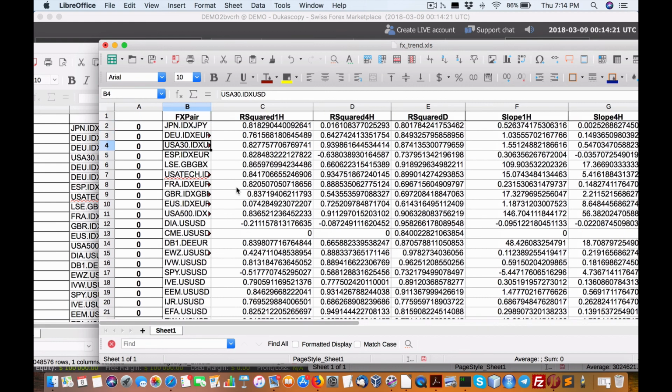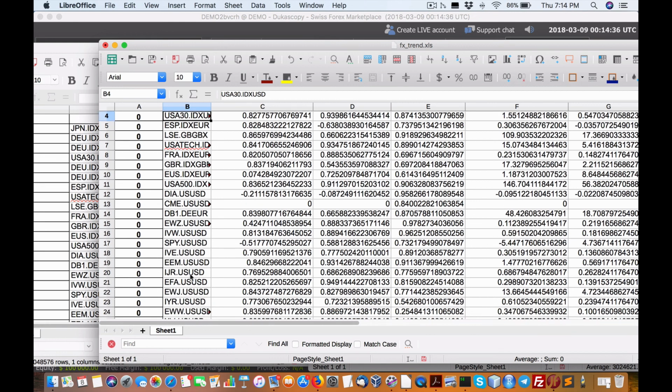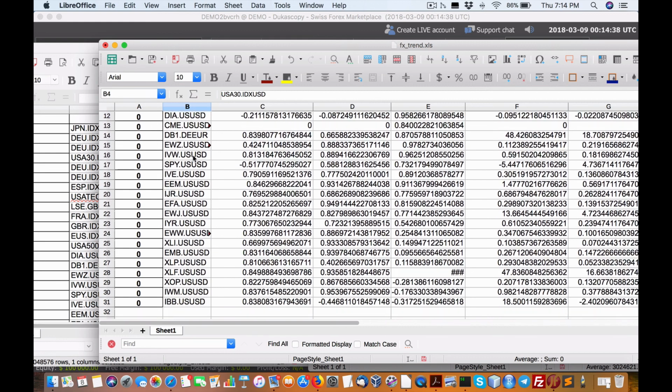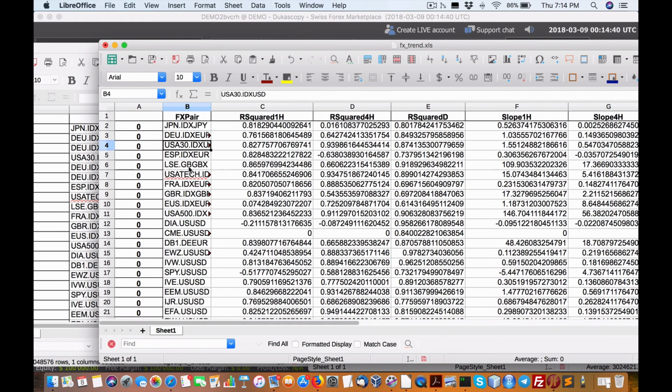I haven't gone through all of it, but we have France, Spain, the industrial average. We have the exchanges themselves, the Deutsche, the SPY, and so on and so forth, and Japan and whoever else. So we are there. Pretty exciting stuff.